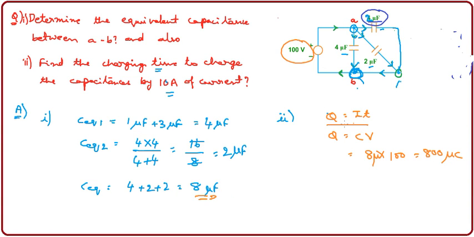By using the formula, the charging time T is equal to Q by I. So Q is 800 microcoulombs divided by the current, which is 10. The 0s will get cancelled and it will be 80 microsecond. So this is the charging time.